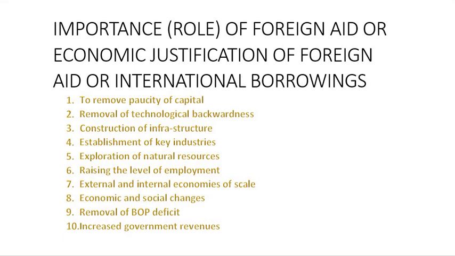Third point is construction of infrastructure. The roads, dams, powerhouses, railway tracks, etc., serve as the basic infrastructure of society. To provide infrastructure, not only are heavy funds required, but skilled personnel are also needed.